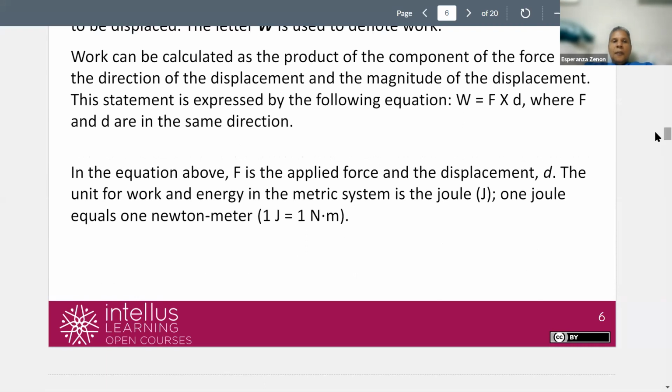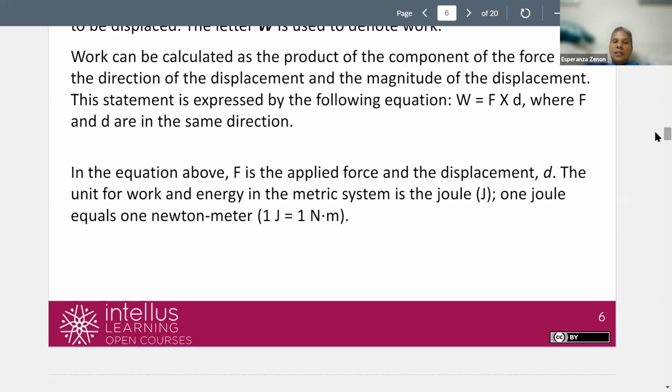So, because we are using force and displacement, we have to look at the units that are involved. We know that the unit for force is the Newton, and we know that the unit for displacement is meters. And we're talking about SI units, right? We work in the metric system or the SI system. So the unit for force is the Newton. The unit for displacement is the meter.